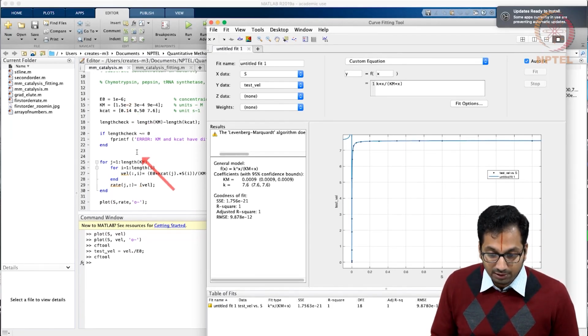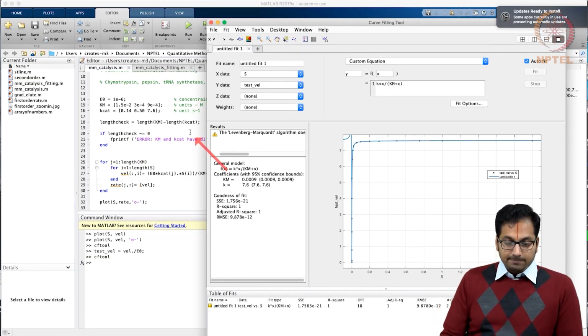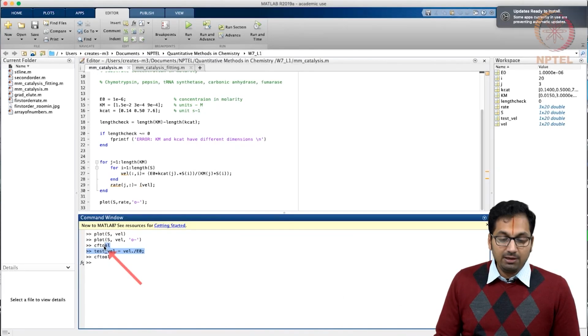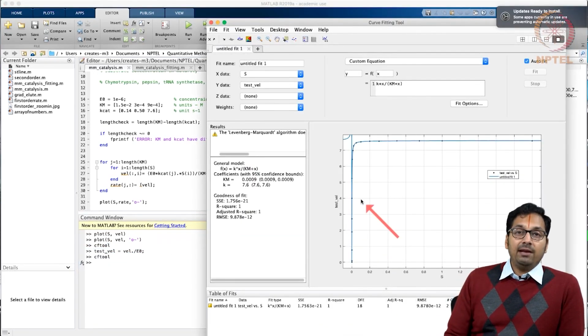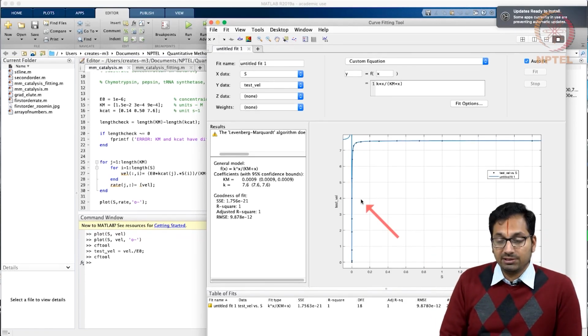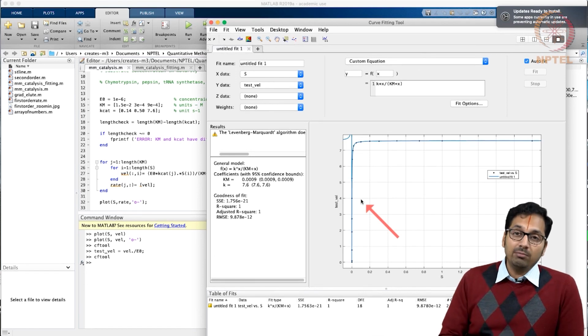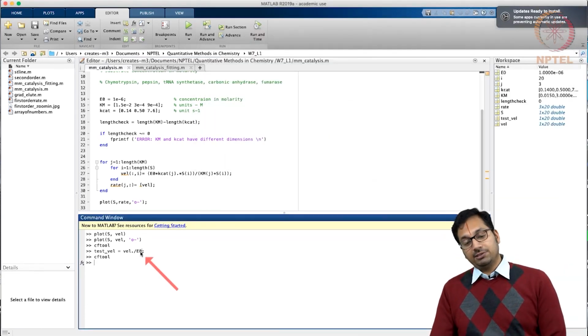One has to be careful to check whether we are doing all the fits the right way. Yeah, I have divided it by E0, not by 10 to the power 6, so that makes sense. So one has to be careful when you are having a fit that is a product of two different numbers that you are trying to figure out, and if one of those numbers is already known, it is a smart choice for us to divide the rate by that parameter. In this case, that is the enzyme concentration, right?